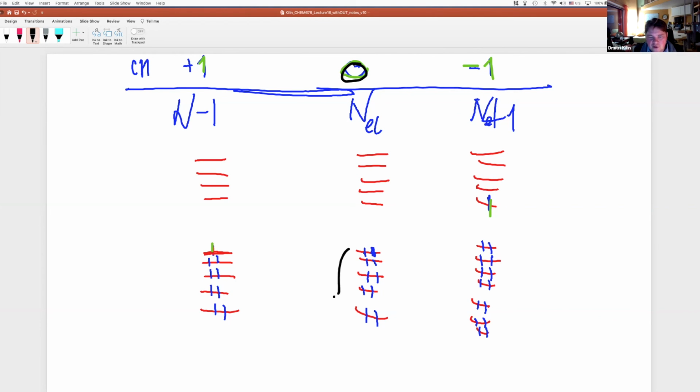We have occupied orbitals, and each orbital has 2 electrons, right? Then we have virtual orbitals with no electrons. Now, if we remove 1 electron, the easiest way is to take it from HOMO, right? So we change the number of electrons by 1.